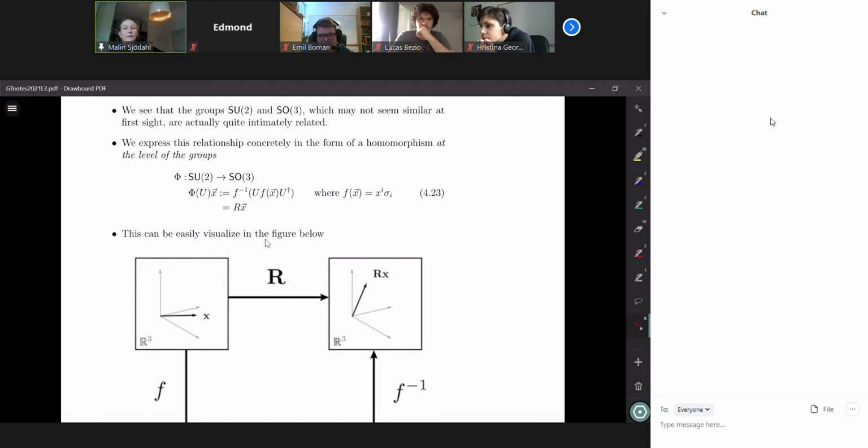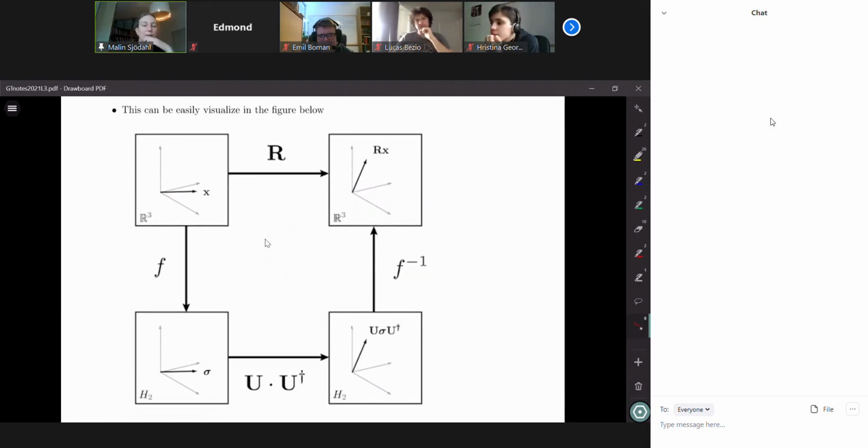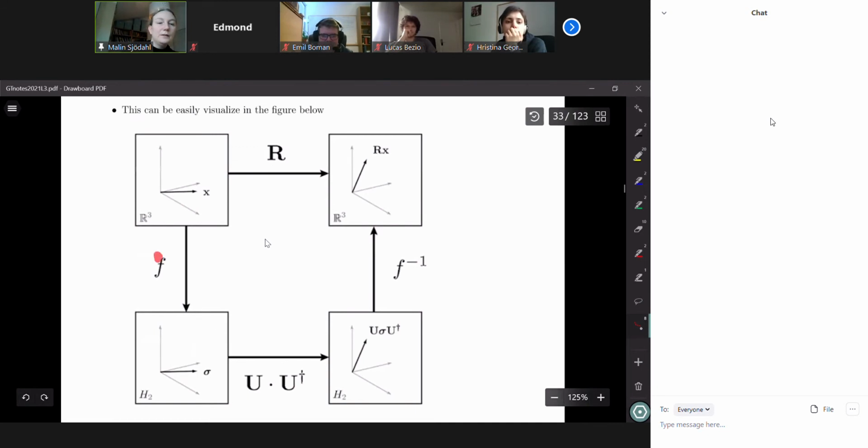So let's also try to visualize this graphically as done here. So we start with some x vector in some R3 space. Then we act on it with F. Then we move to some H2 space where the sigma matrices live, 2 times 2 Hermitian traceless matrices.